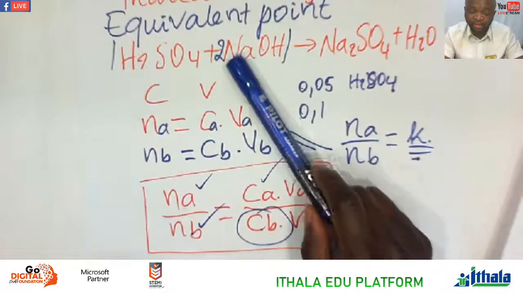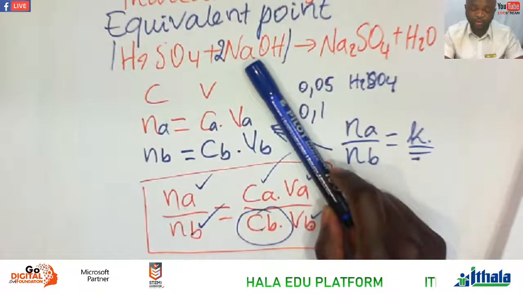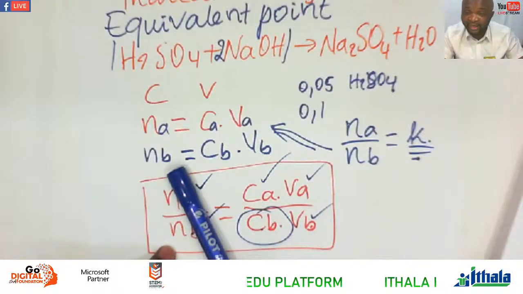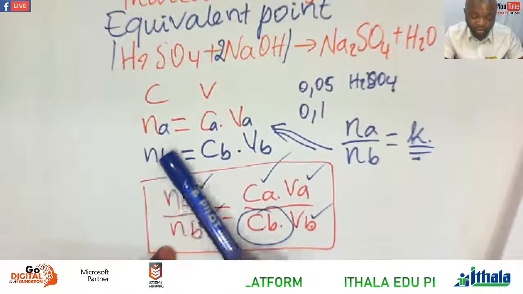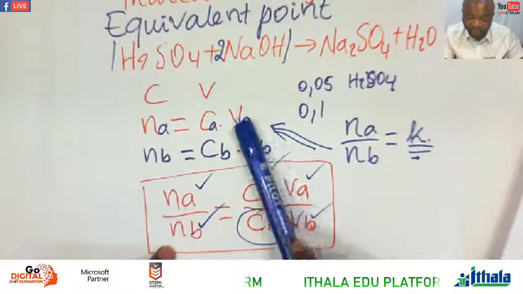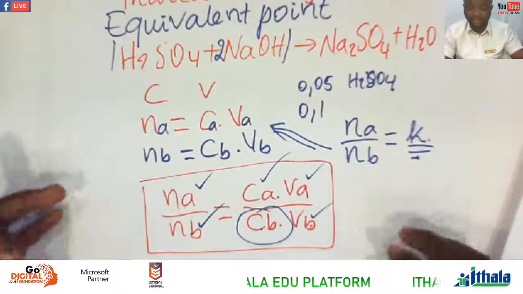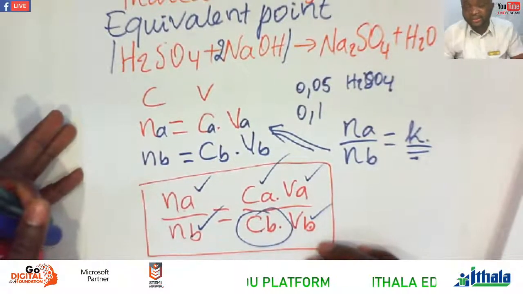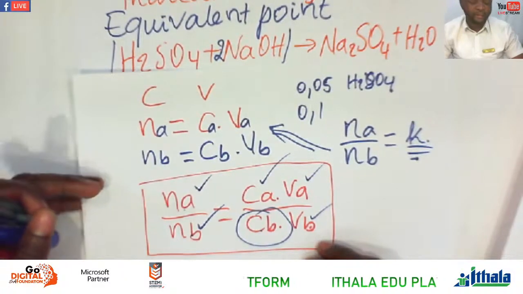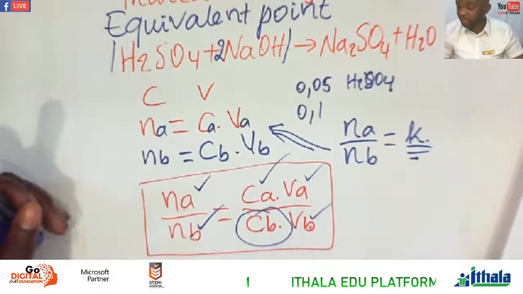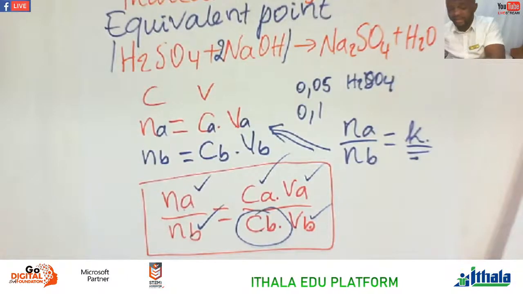With the ratio you get the number of moles of the base. Then, since you know the number of moles of the base and its volume, you can find the concentration of the base. When you do that, no titration calculation will give you a hard time.